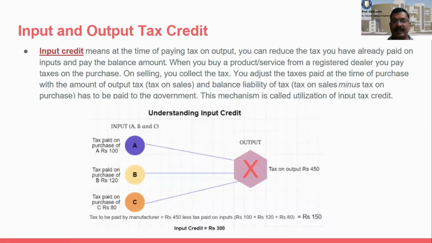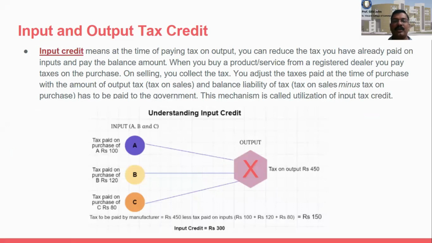Input tax credit means that at the time of paying the tax on output, you can reduce the tax that you already paid on the inputs and pay the balance amount. When you are buying a product or a service from a registered dealer, you pay taxes on purchase.